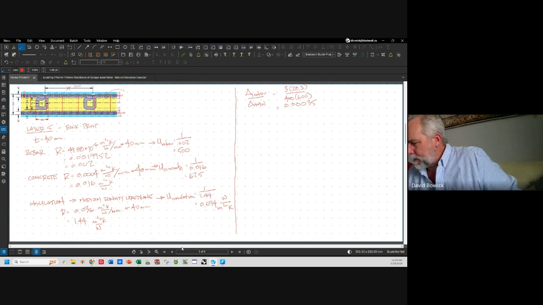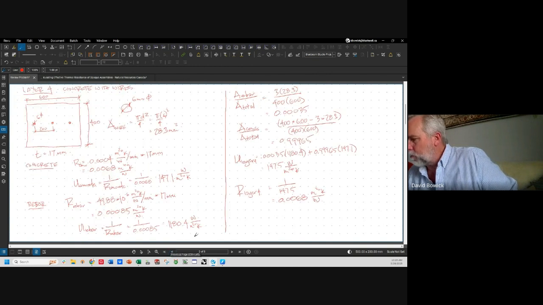We're going to go back because this is a familiar calculation. We've already calculated what the area of rebar is.